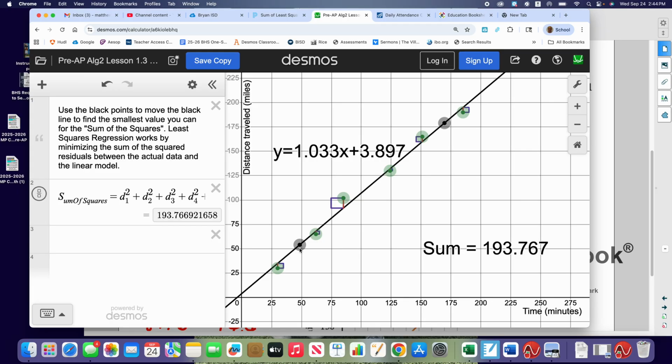I got a 193. Huh? I didn't move the boxes. All moving is the two black points.